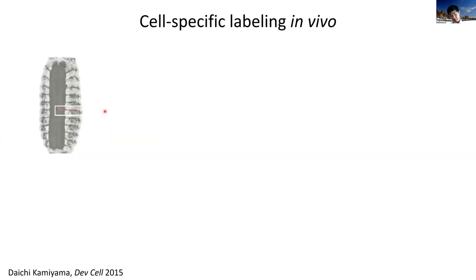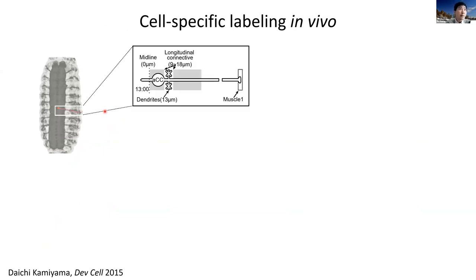And finally, we have introduced this not just into cells, but into whole organisms. And this actually has been another motivation for us to get onto the split system. That's when Daiji in the lab has been studying the development of Drosophila motor neurons. And he's been focusing on the spatial and temporal signal for the ACC motor neuron to develop dendrites at the very bottom of its axon projection.